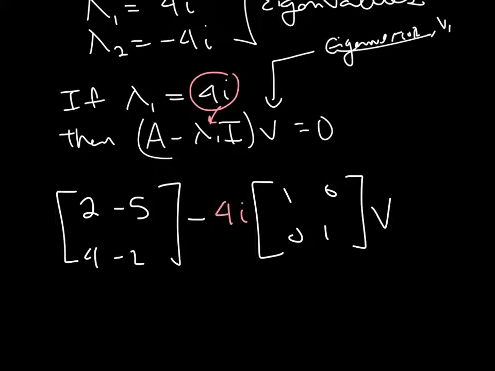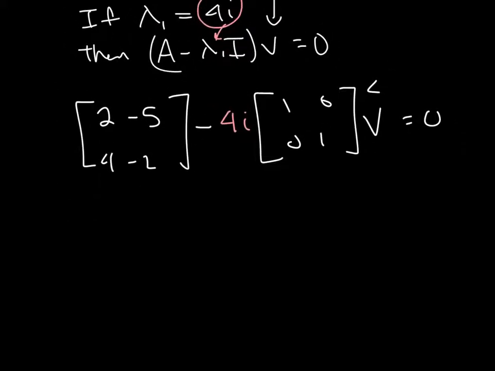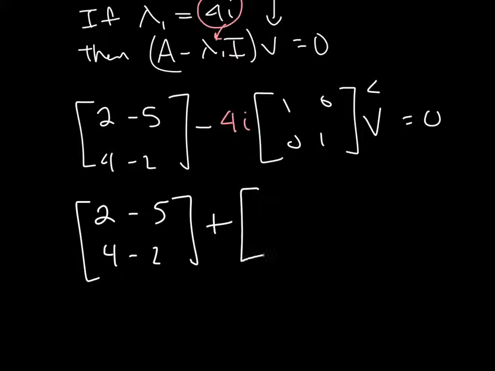Again, this is bold, so if you want to write the little arrow there, equals 0. Here's just some college algebra matrix operations, scalar multiplication. So 2, negative 5, 4, negative 2, plus, and if I multiply the scalar inside each entry, I get negative 4i, 0, 0, negative 4i.